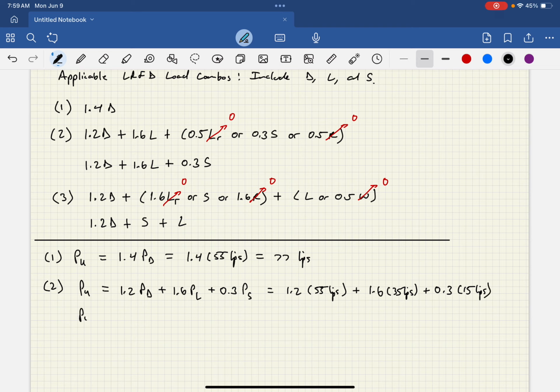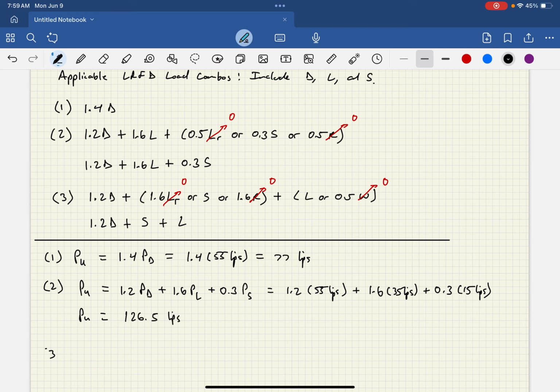We can punch that in our calculators. Let me double check my math here. So 1.2 times 55 plus 1.6 times 35 plus 0.3 times 15. And so here I get 126.5 kips.